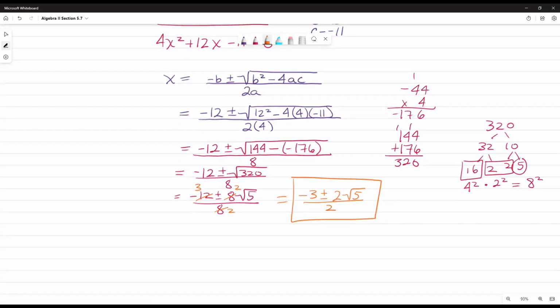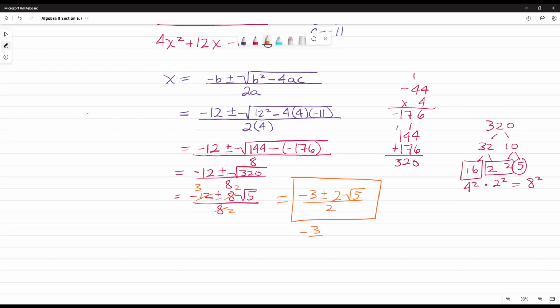In this case, no, because you've got an irrational number. Now, you could write that this way too. I like having it all as one fraction, but you could also divide that 2 back up.